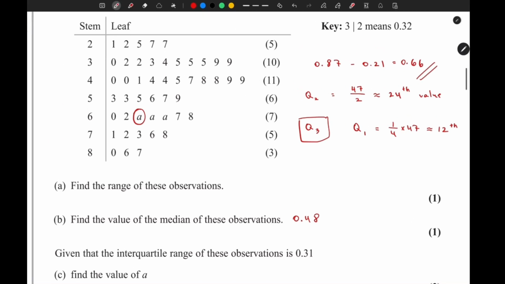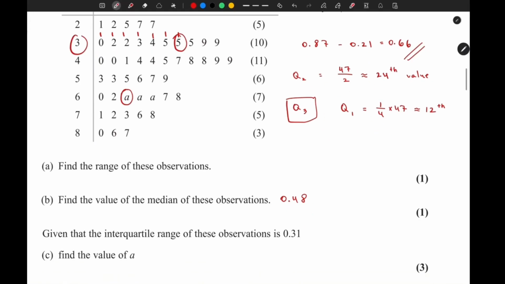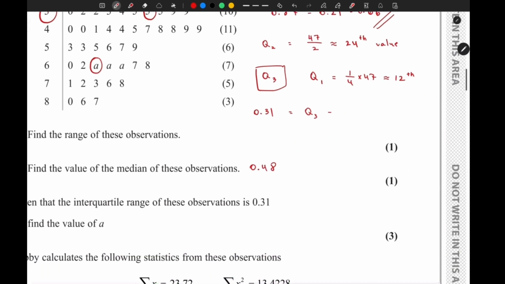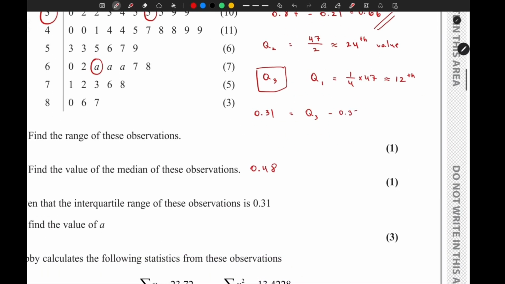Counting, it's 6, 7, 8, 9, 10, 11, 12. So 0.35 is the lower quartile. We know that the interquartile range is 0.31, the upper quartile is unknown, minus the lower quartile, which is 0.35. So the upper quartile is 0.66.